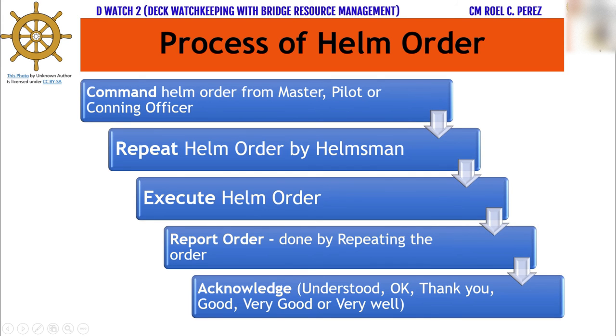Command: helm order for master, pilot, or conning officer. Repeat the helm order by helmsman. Execute helm order. Report order done by repeating the order. Acknowledge. For example, understood, okay, thank you, good, very good, or very well.